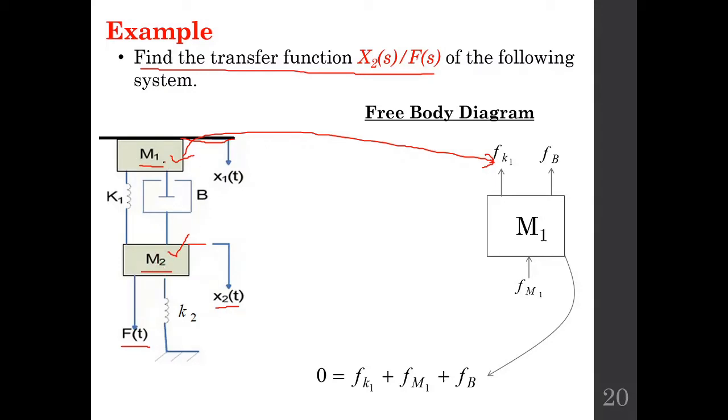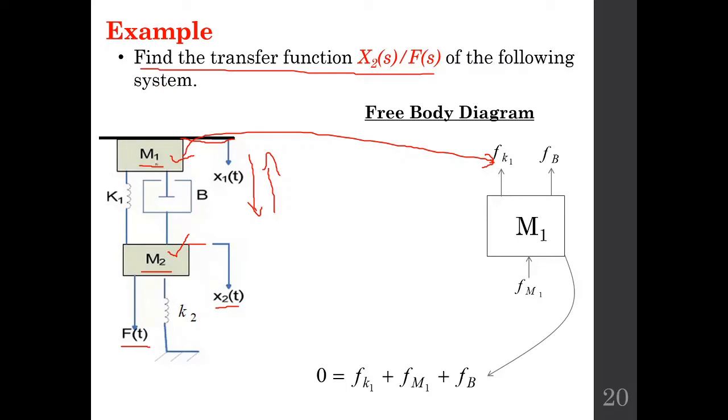The force is actually on the body M2. If you want to draw the free body diagram, we need to look at the displacement. Displacement is in this direction, so all the opposing forces will be in the opposite direction.